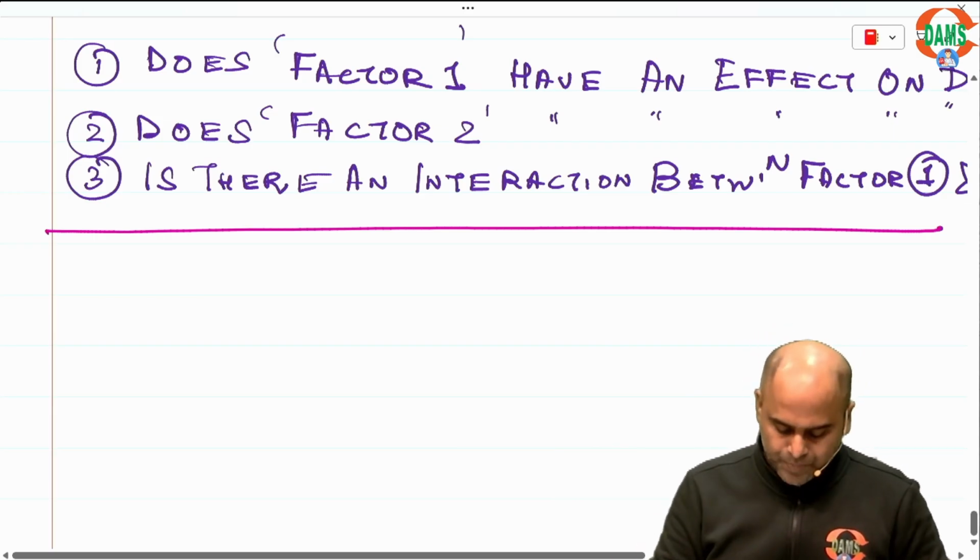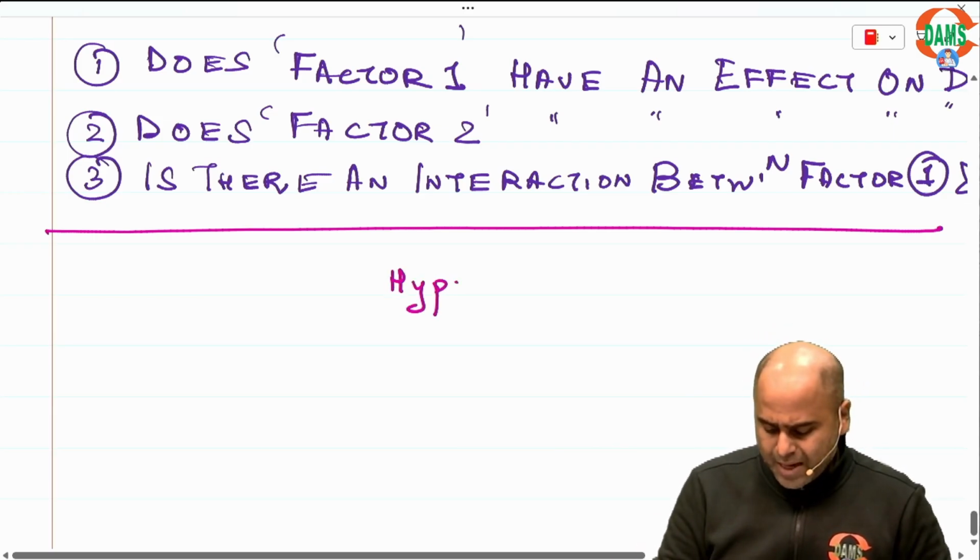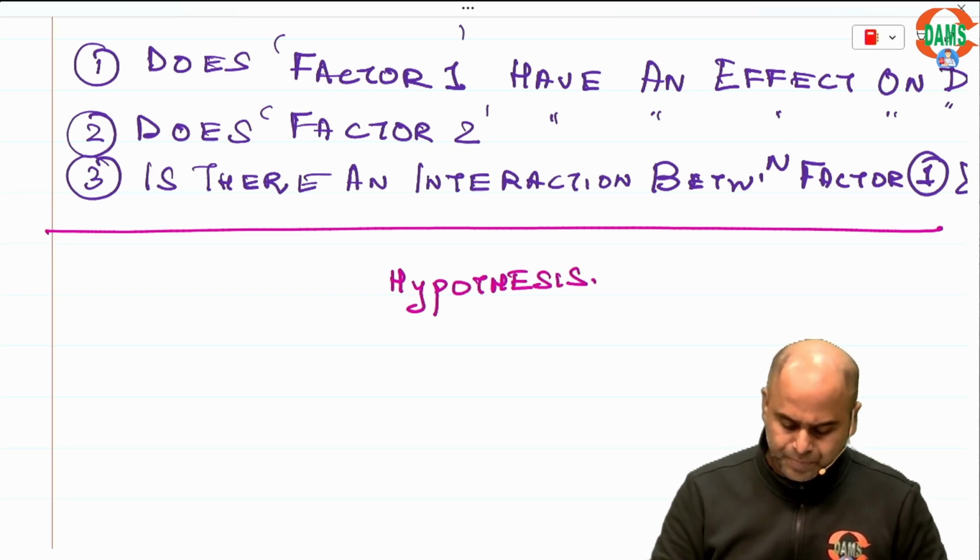Now, what will be my hypothesis in a two-way ANOVA?